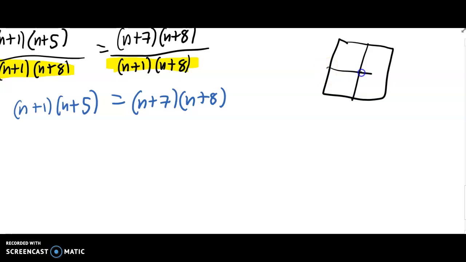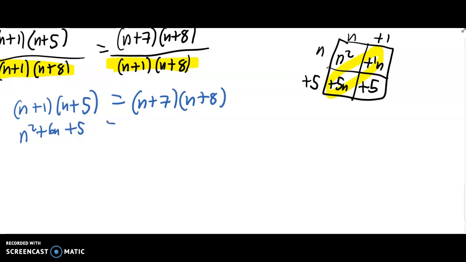So my first one is n plus 1 and n plus 5. This is 1 times 5 in the bottom right. Don't forget to add these together. So I have n squared plus 6n plus 5 equals, let's make another box here.